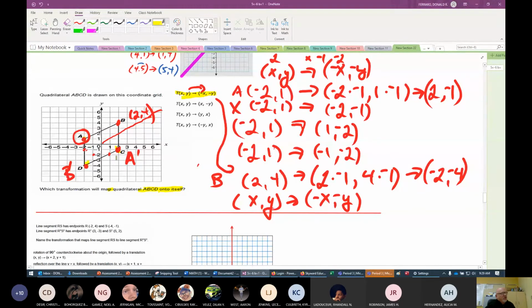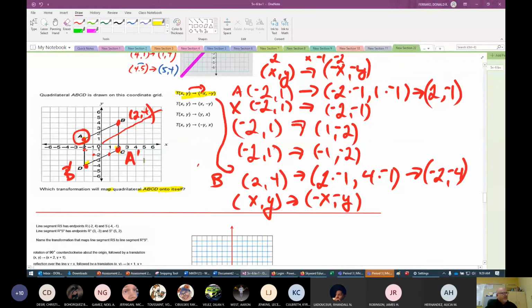And again, you can do all those, but what I'm saying is your strategy here in the test is to just grab one of your points and make sure that it maps to another point within the quadrilateral. All right. So let's move on from that one because we have another one which is going to be similar. You okay with that, Randall?